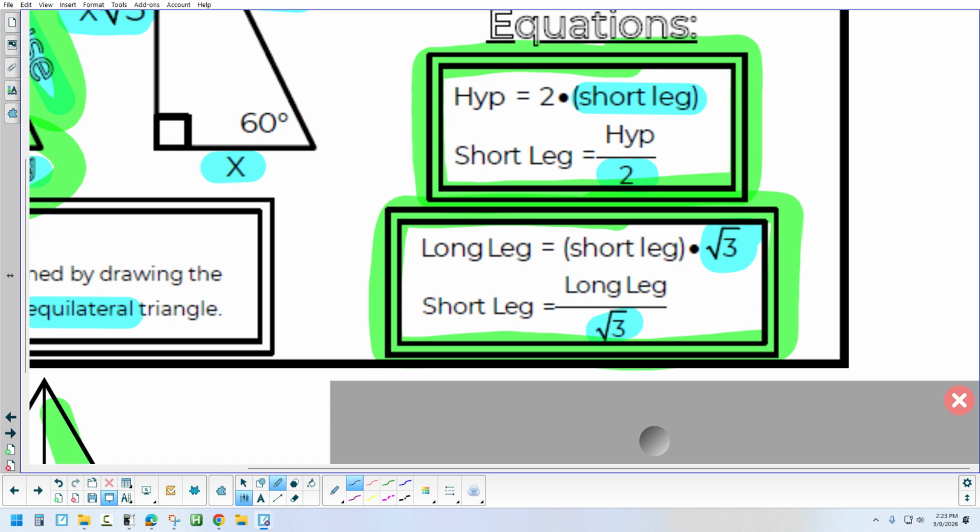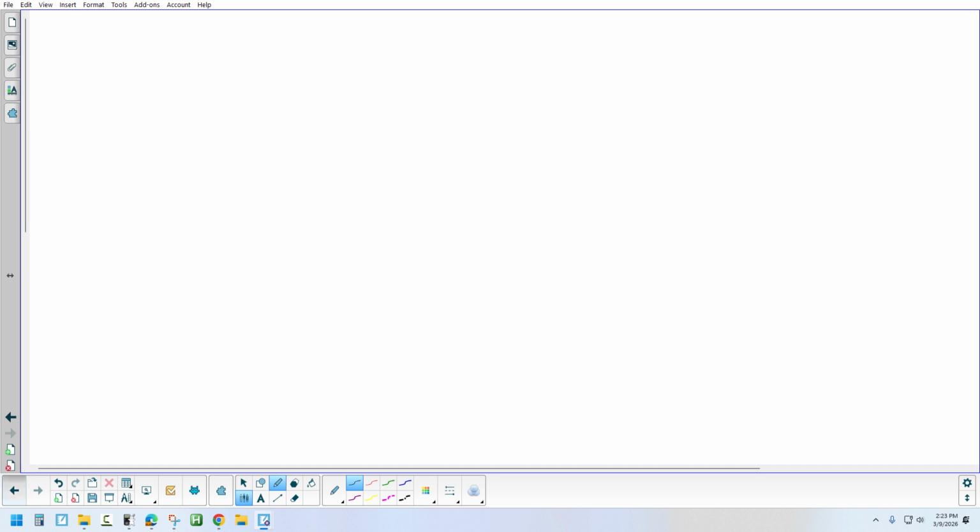The short leg equals long leg divided by the square root. Yep. So we've got a formula right here. This bottom formula tells you if you want to know the short leg, take the long leg and divide by the square root of 3. Okay, so let's write that down. Short leg equals long leg divided by square root of 3. All right, let's go back to our problem.